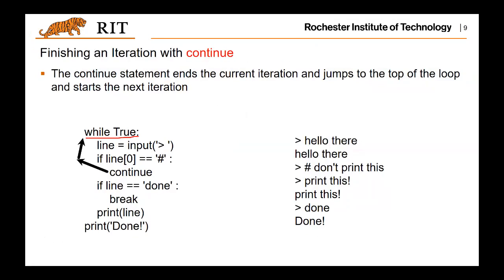For break, once break appears, the loop will jump to the outside of the loop, and this loop is terminated. And any line after the break will not be executed. So that's the difference between continue and break.